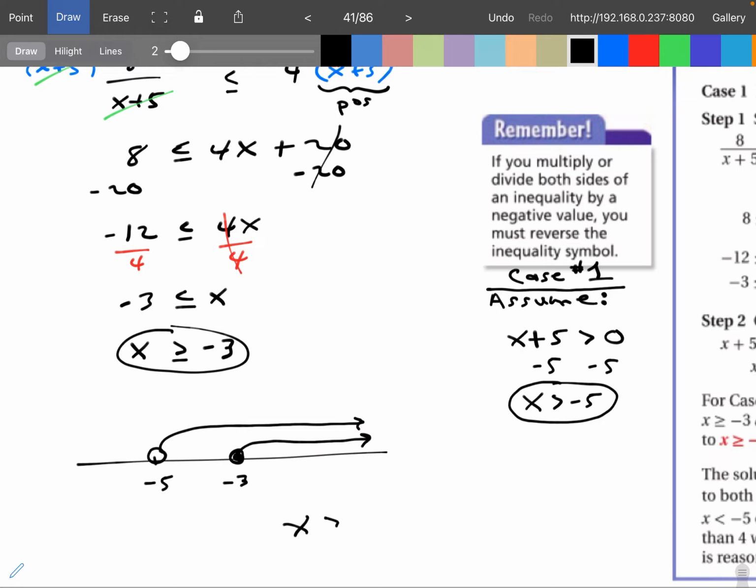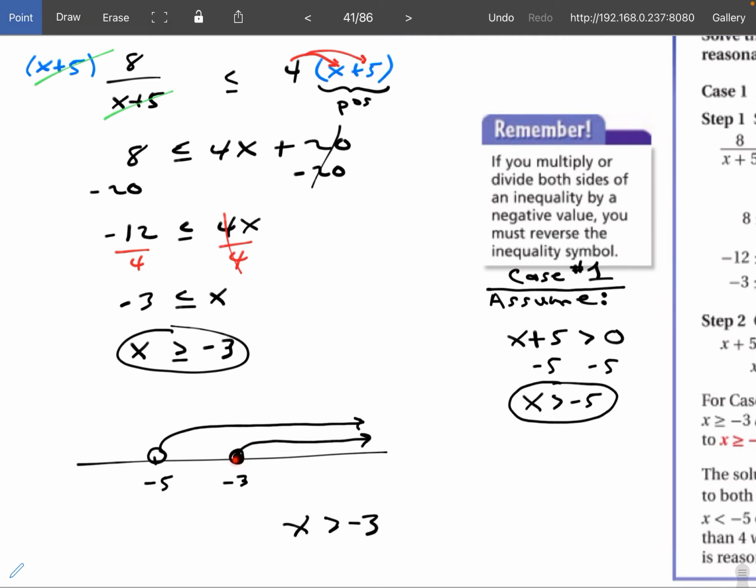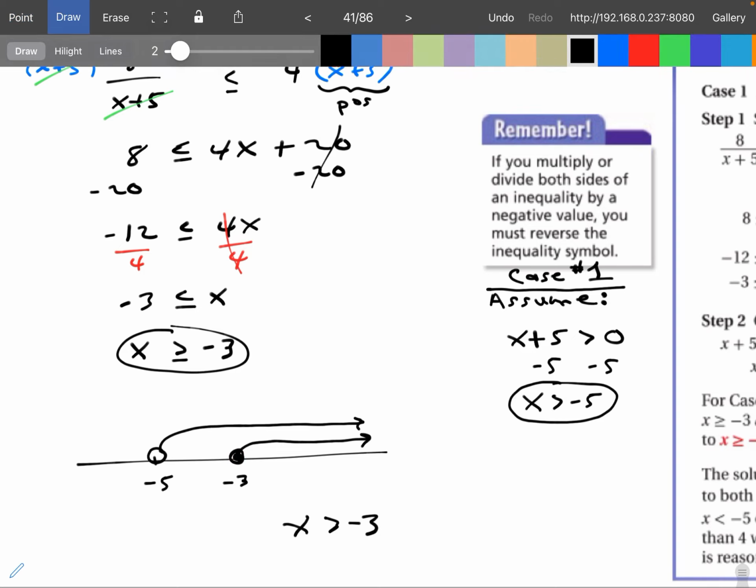To the right of negative 3. So that would be where all the real numbers x are greater than negative 3. And then because you have the solid dot at negative 3, that would be including the negative 3. So you'd have to put that equal to bar back on there like that. So that's actually your solution for that part. That's for case number 1.